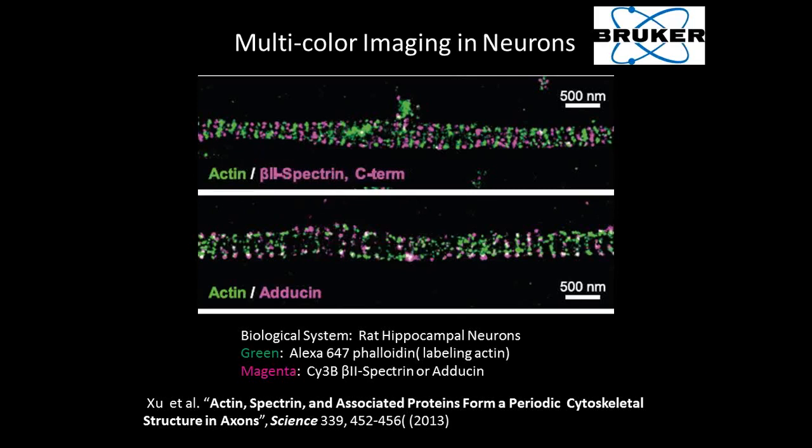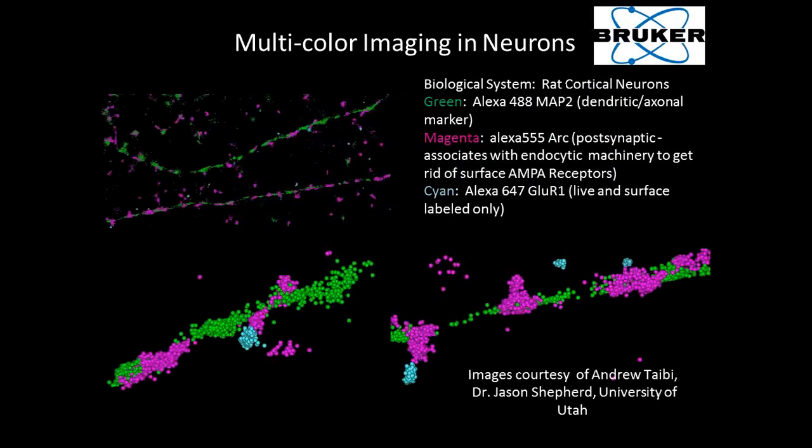Actin in this case was labeled with Alexa 647 phalloidin, and then either the beta spectrin or deucin was labeled with Cy3B, and they were able to get some beautiful 3D periodic images of actin and these adapter proteins forming these structures along the length of the neuron. So this was two-color imaging.